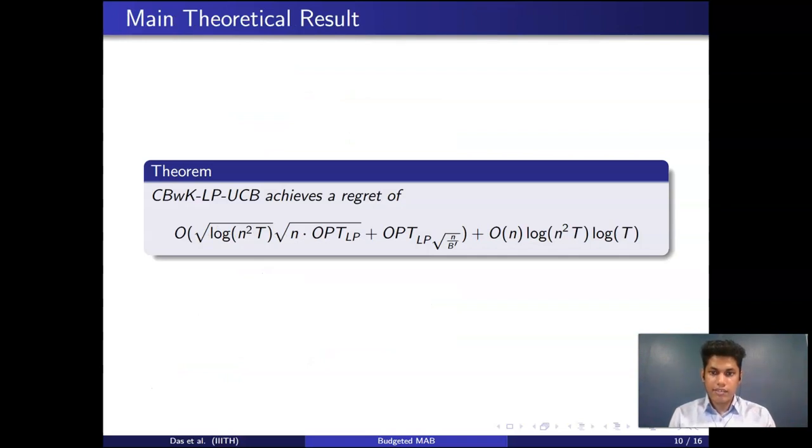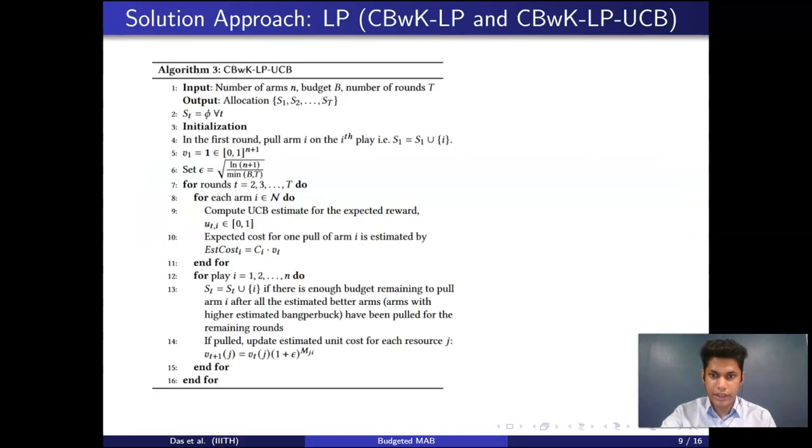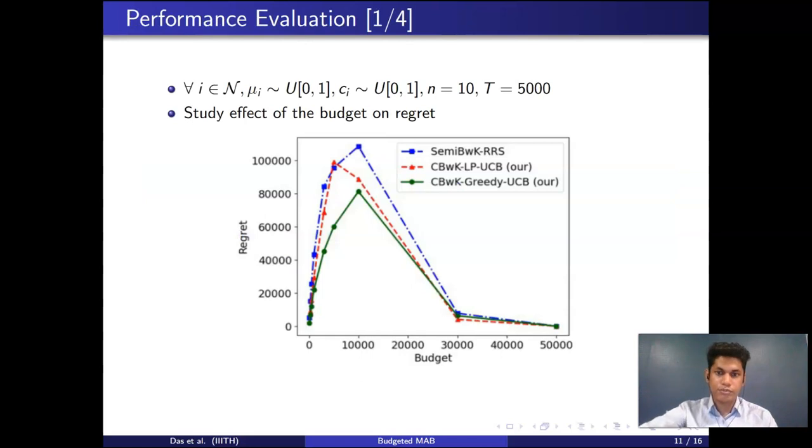Our main result is this theorem, which says that our LP algorithm achieves a regret of order log squared T. This is a lot better than the previous existing results, where the best previous result achieved a regret of order root T log T using this algorithm called semi-BWK-RRS. We will compare our algorithms with the performance of semi-BWK-RRS in the next few slides.